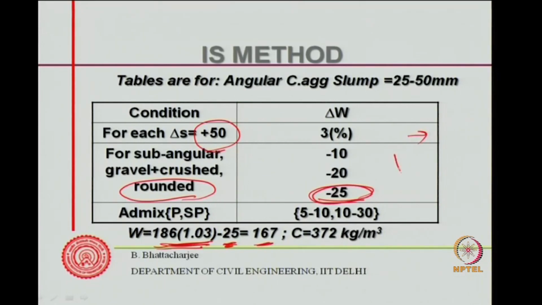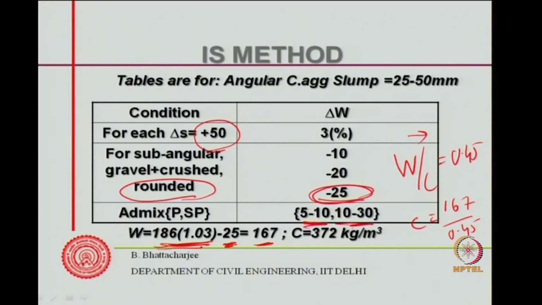With a water to cement ratio of 0.45, cement will be 167 divided by 0.45. Now this will be my control mix if I am not using any superplasticizer or plasticizer. If I decide to use a plasticizer, my water content will reduce.